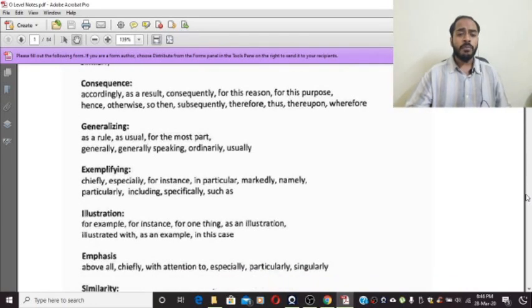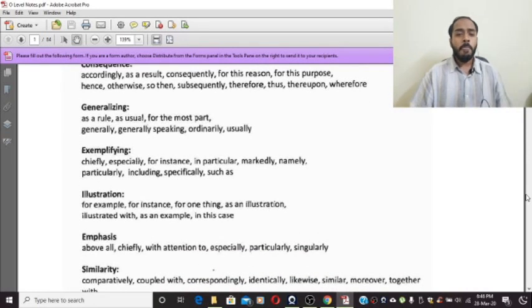The next word that I will be talking about is emphasis. Emphasis means giving importance to. Now you might have a lot of things to talk about, but you want to emphasize one particular sentence. At that time, you should be using above all, chiefly, with attention to, or especially, particularly, singularly.